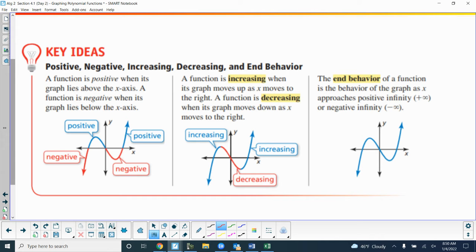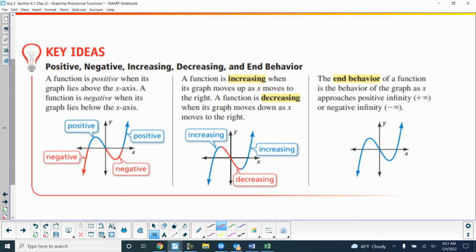Okay, a function is negative when its graph lies below the x-axis. So these red areas are negative areas because it's below the x-axis. Okay, does that make sense? Just looking at those. So positive above x, negative below x.